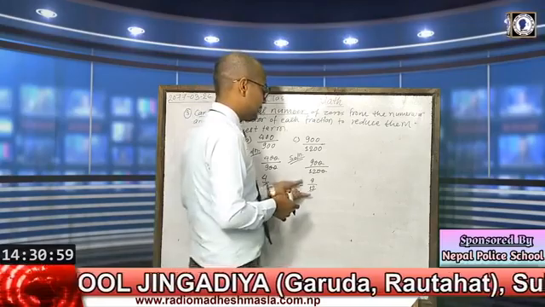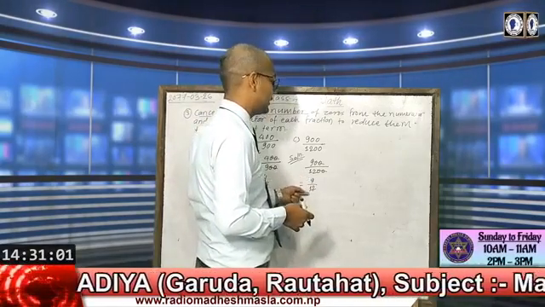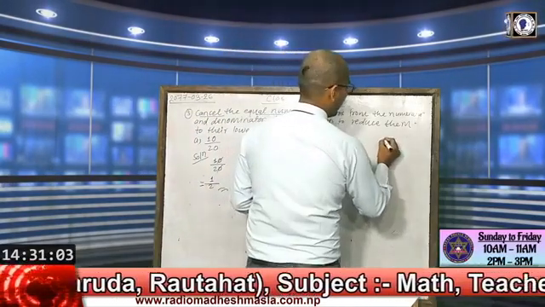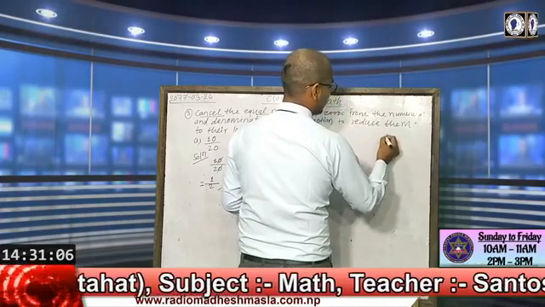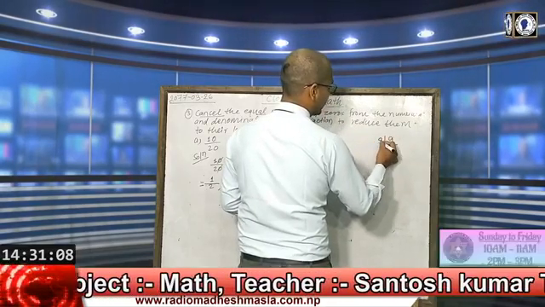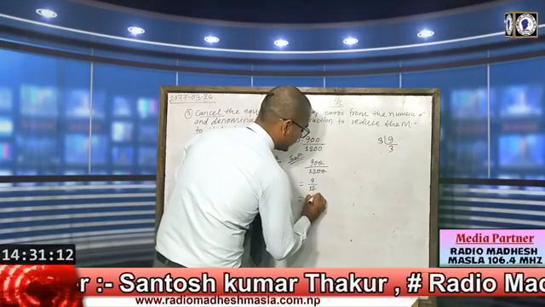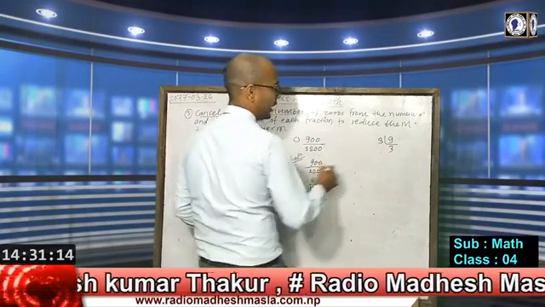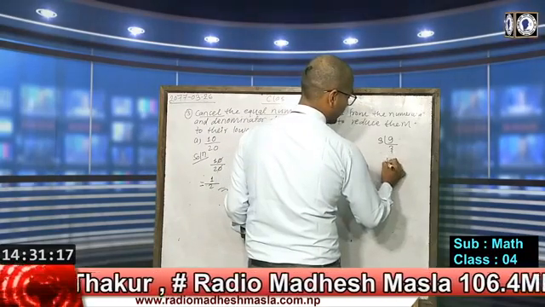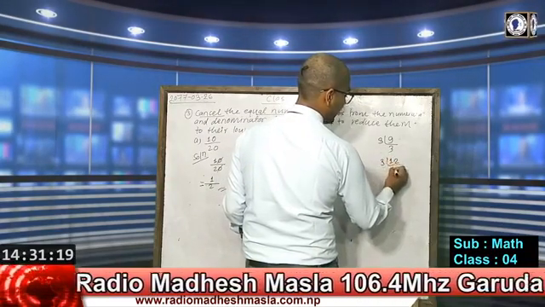In the table of 3 we can find both 9 and 12. The factors of 9: 3 times 3 is 9, so in place of 9 we can write 3 into 3. In the same way, in place of 12 we find the prime factors of 12. 3 times 4 is 12.